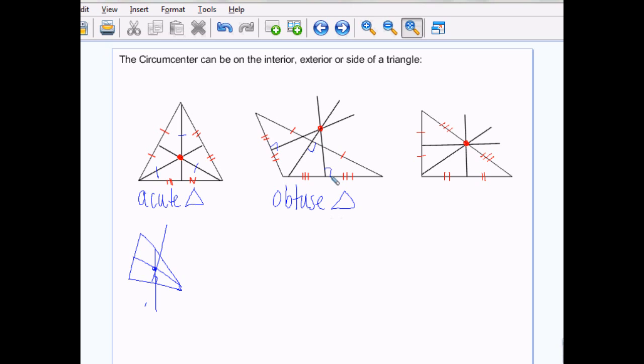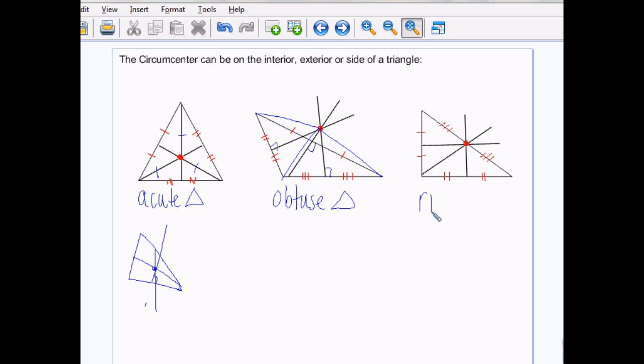There and there. So this line here is bisecting the longer side. This line and that line. And the circumcenter meets outside of the triangle. And that's okay, because if I draw lines to each of the vertices, those lines will all still be the same length. Not in my picture here because these aren't drawn as proper bisectors, but if it was drawn correctly, it would work.